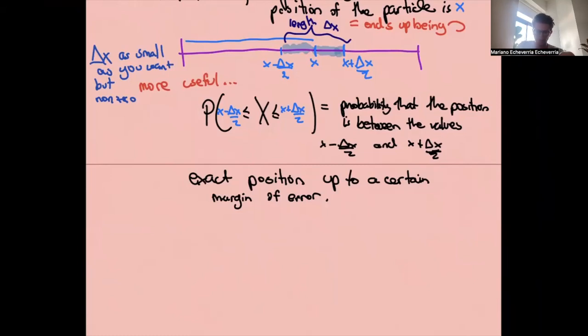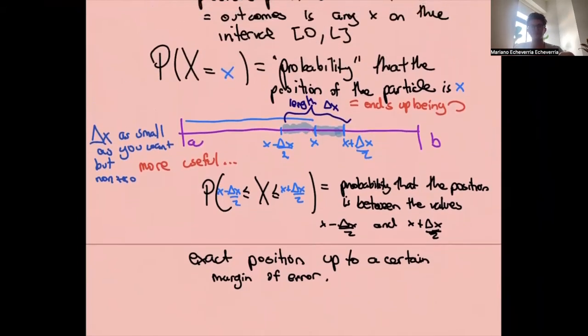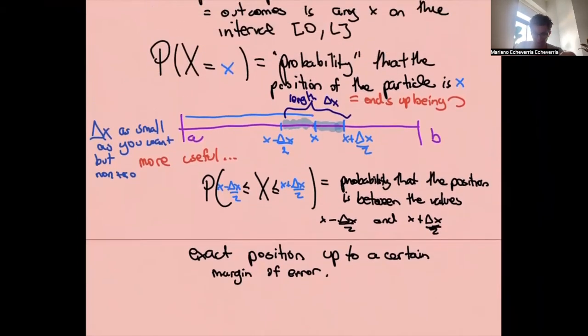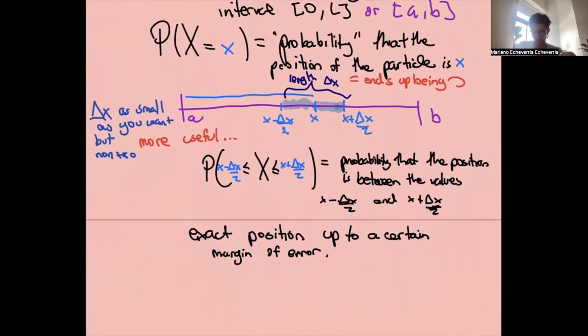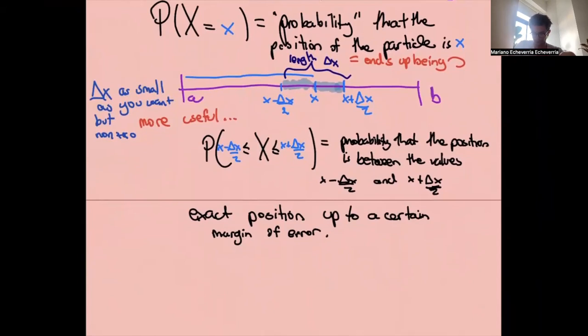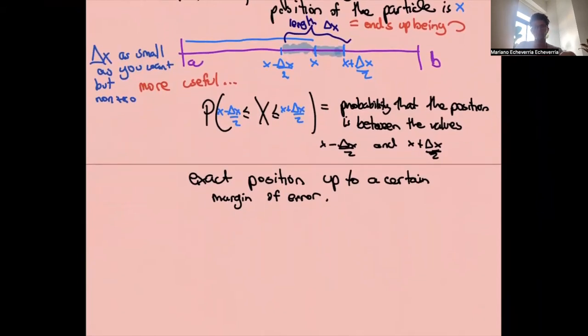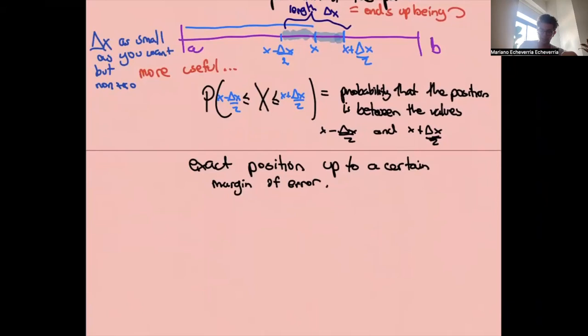To continue with this analogy of the interval, let's say that instead of the interval from 0 to L, we just call this interval from A to B. And here's a usual calculus thing.